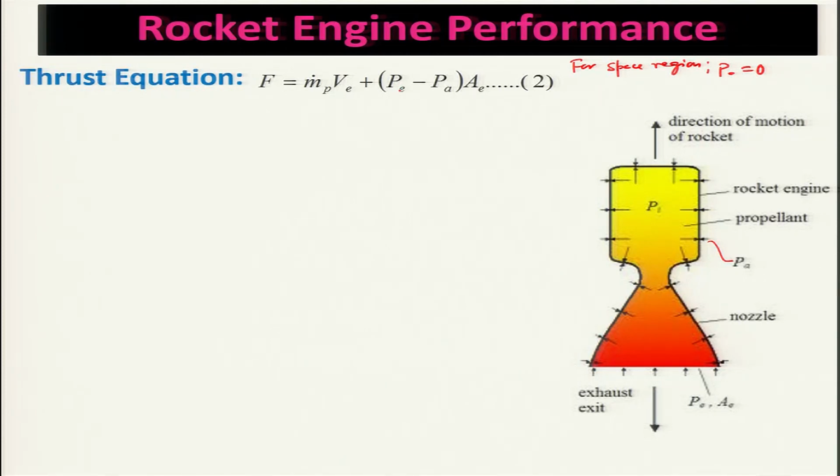Keep in mind that this P E will be changing depending upon the extent of expansion that is taking place. If P E is greater than P A, then naturally this pressure term (P E minus P A) A E will be greater than 0, that means it is positive.